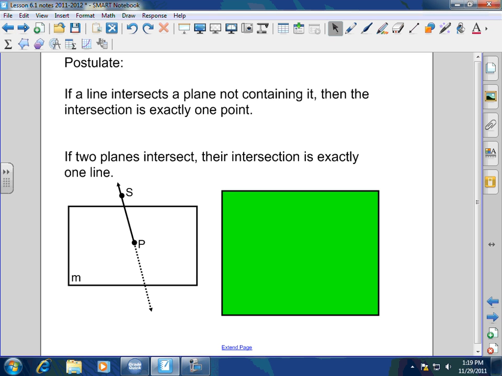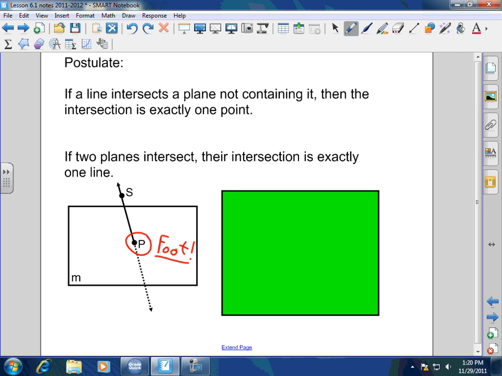So SP intersects plane M at P. And where a line intersects a plane, that point is called the foot.